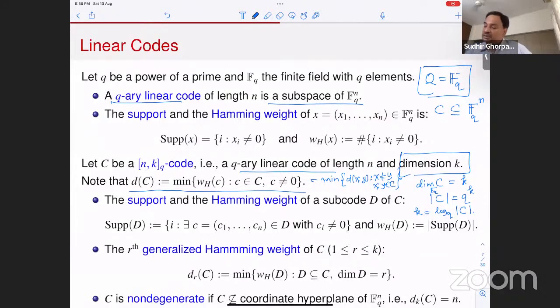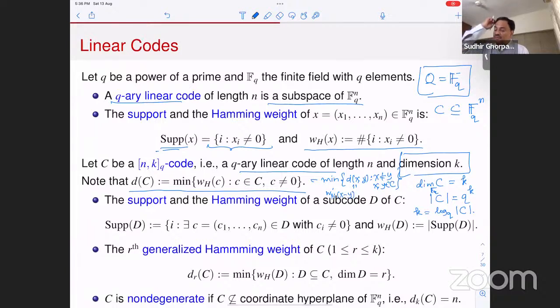It is exactly what is called the Hamming weight or the support weight of x minus y. What is the Hamming weight of a vector? It's just the number of positions where you have a non-zero coordinate. So in general, for any vector x, the Hamming weight of x is the number of positions i for which xi is not equal to 0. And the set of those positions is called the support of that vector x. So this Hamming distance between x and y becomes the Hamming weight of x minus y.